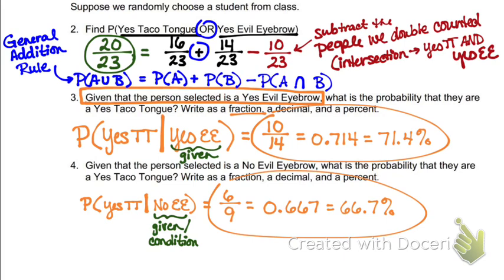These guys right here in number 3 and number 4, these are called conditional probabilities.